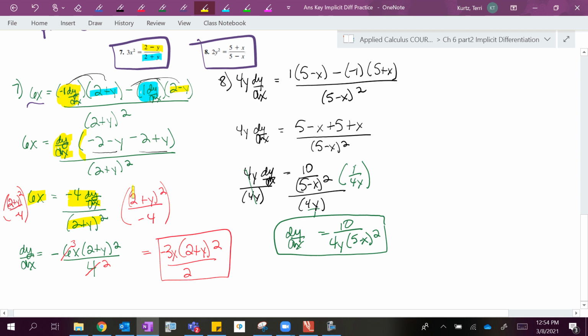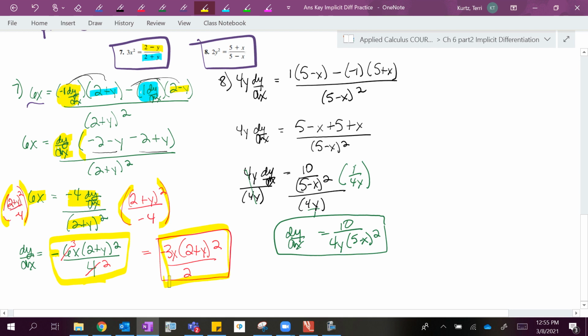I multiplied by the reciprocal to get the dy dx all by itself, and I ended up with this. With that -4 in the denominator, anytime one part of a fraction is negative, it just means the whole fraction is negative, so I wouldn't have brought that negative out front. I was able to divide everything by 2 to simplify, and I got this.